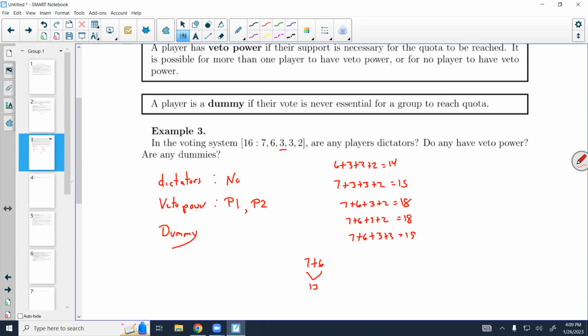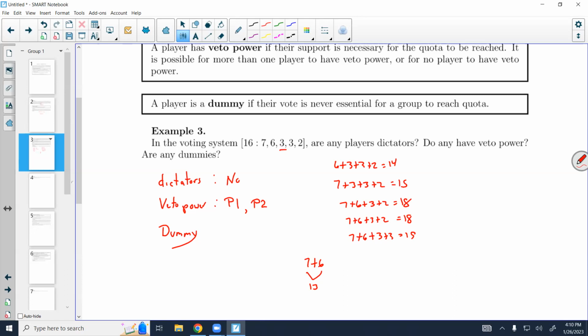Do I have to have player 3? Now, if I have player 3, it'll pass. So player 3 can affect it. So player 3 is not a dummy because it can affect it. If I add player 3 to that, it'll pass, and thus it can be affected. Same with player 4, which has the same weight as player 3.